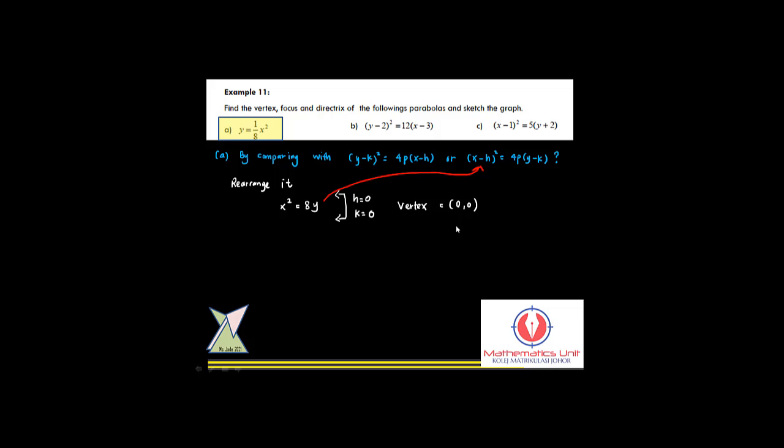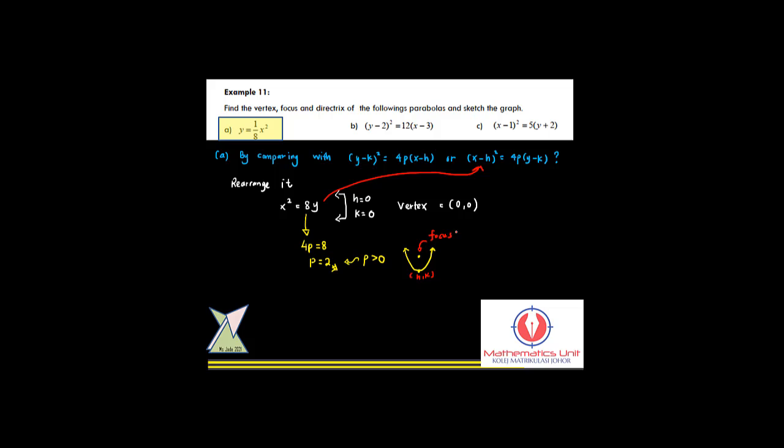And how about the next component, the focus? We compare the 8 with 4p, so the value of p is a positive 2. It gives us the information that it will open upward. When it opens upward, we know that this is the vertex and the point in front of it will be the focus.